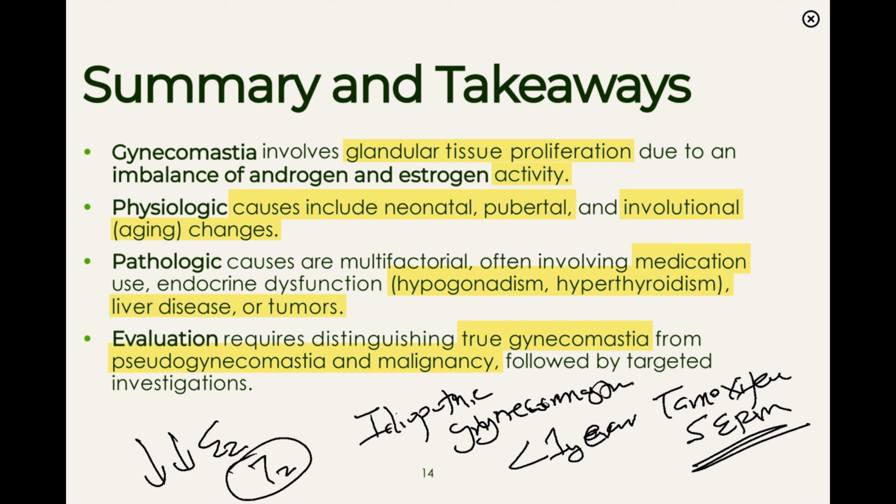So those would be the key takeaways. And of course, if it's been more than a year, then you can send that patient to a plastic surgeon and have it reduced or removed.